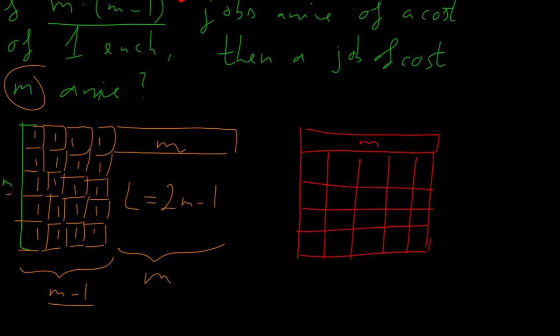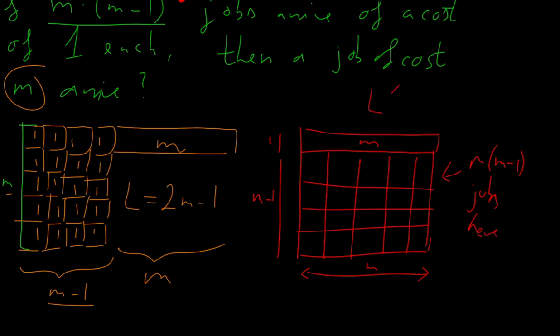Because in that case, if this is one machine and these are m minus 1 machines and this width is m, then we have exactly m times m minus 1 jobs there. And the job of cost m is here, so L star is exactly m, because this whole rectangle is covered.